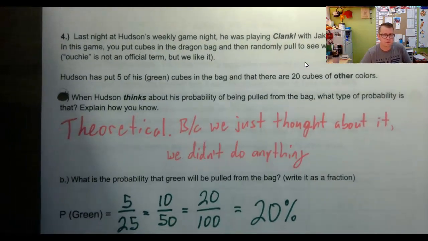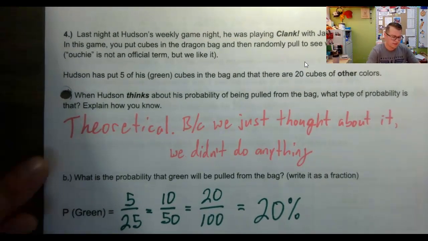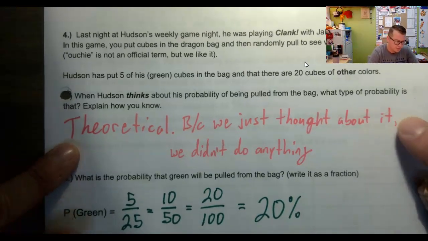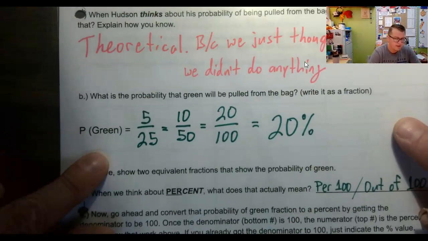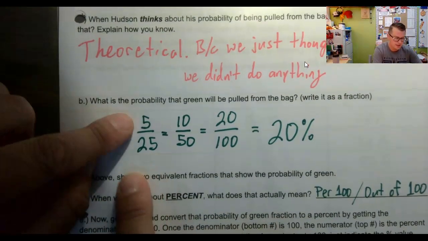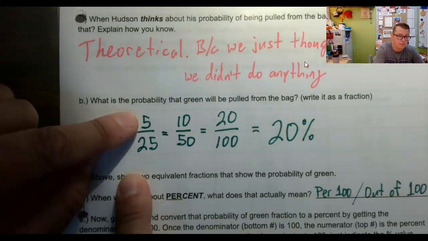Number 4 tripped a lot of us up. Not the theoretical part, because a lot of us remember theoretical means just to think about it. But down here, the total. Our probability is always the thing we're looking at, the favorable outcomes, right?